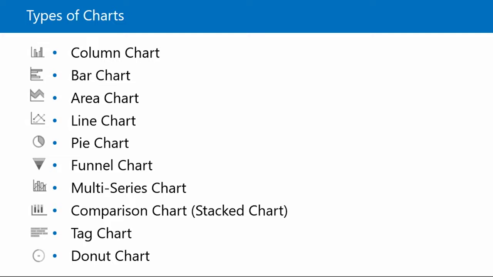Now, some of the rest of the charts that are available may not necessarily be applicable to the service industry, but we also have funnel charts, multi-series charts, comparison charts, often referred to as stack charts, tag charts, and also donut charts.